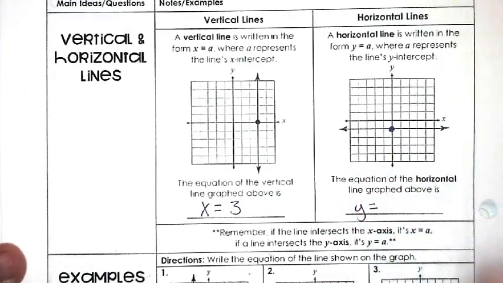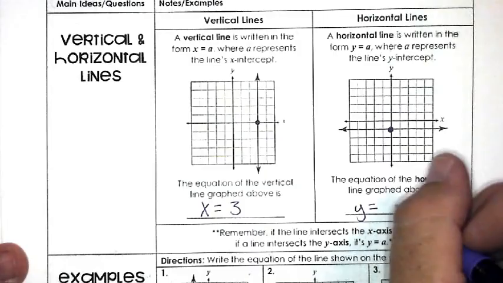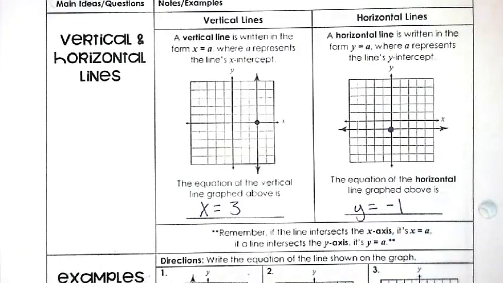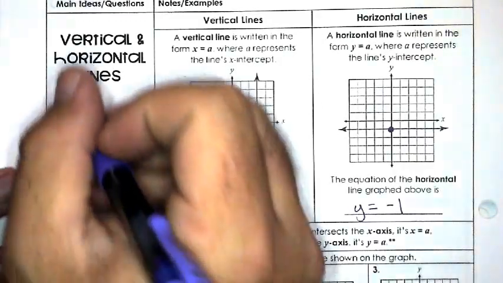Wow. Now, we have an acronym. I'm pretty sure it's called an acronym for helping us with vertical and horizontal lines. And this is called VUX and OI. Okay? VUX and OI.